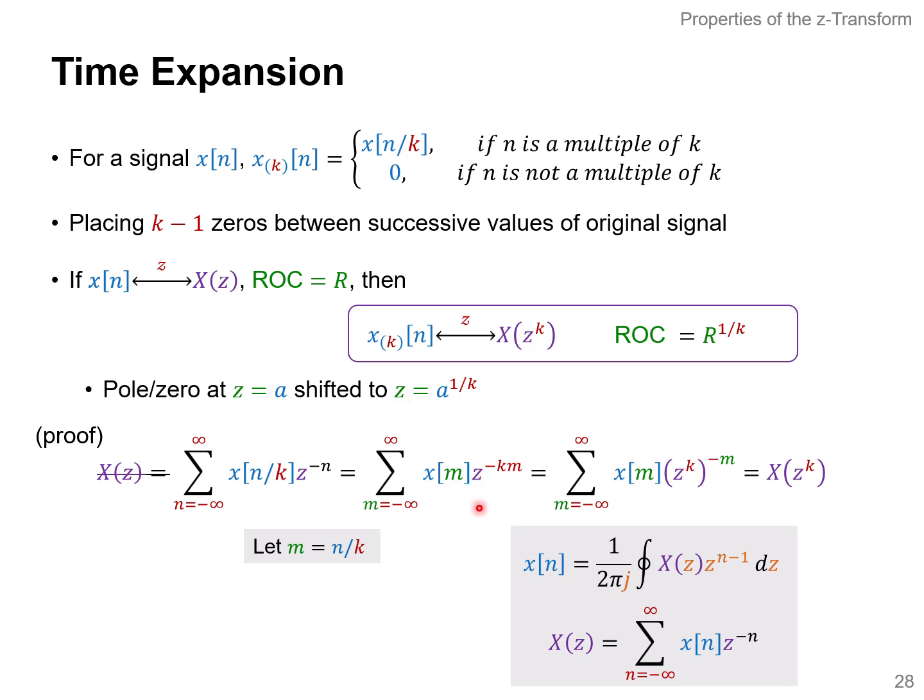So we have z to the minus k times m. Now we rewrite the expansion by grouping the power as z to the k. So here we have z to the k to the minus m. This shows the result: X of z to the k is the z-transform of x_k of n.